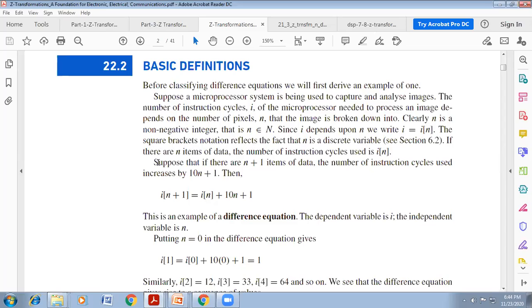If there are n items of data, the number of instruction cycles used is I[n].